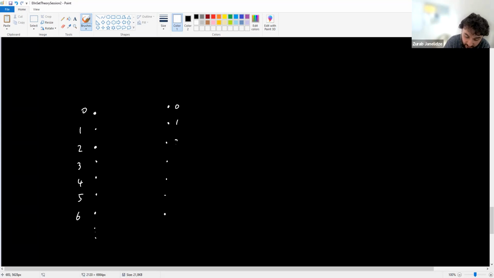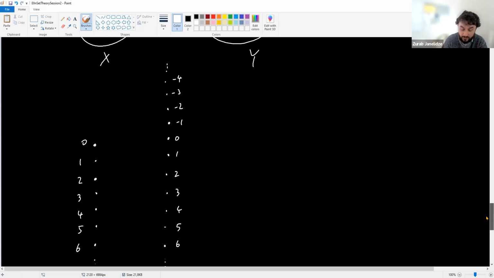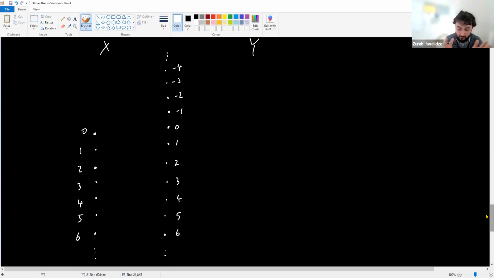On the right side we have the set of integers. So I'm going to add the negative numbers as well, so it goes on in both directions now. And now I'm going to establish a one-to-one mapping which does not leave anything unmapped on the right side.